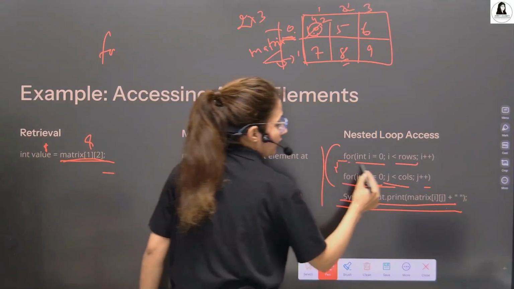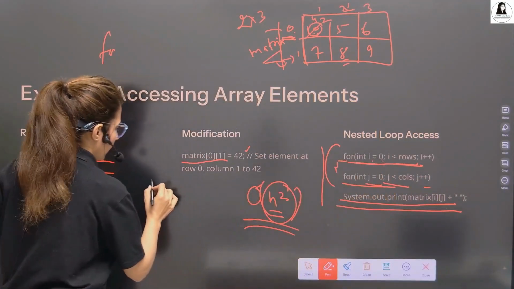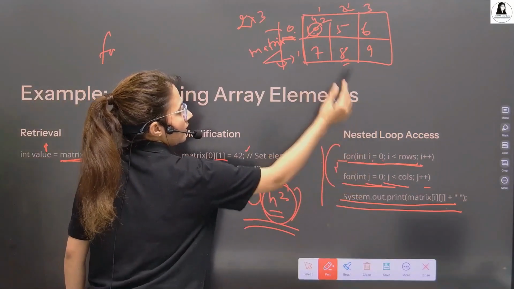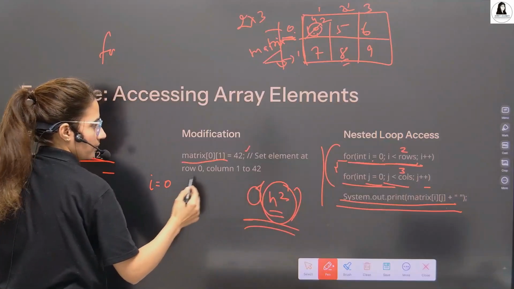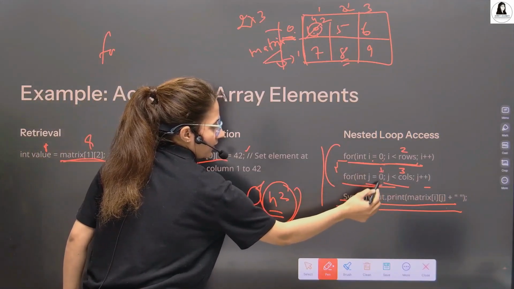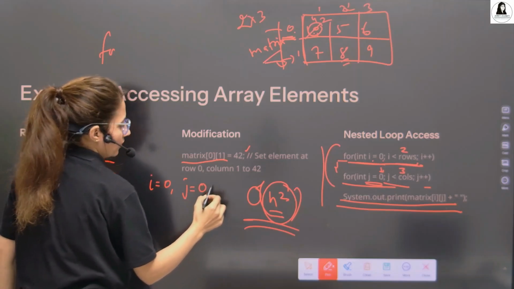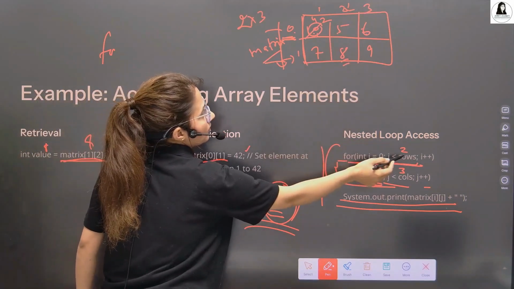Because see, if I is equal to 0, number of rows are here 2, number of columns are 3. Condition true. So enter here. Now j would be 0, then 1, then 2, less than columns.